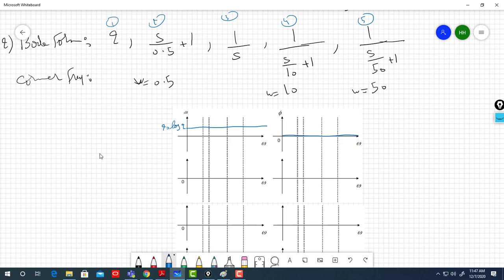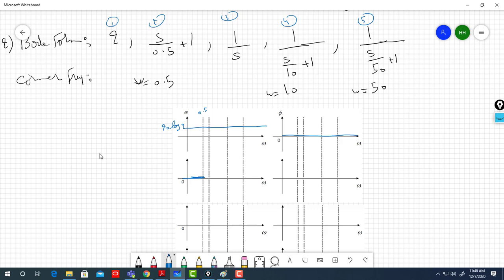Then S over 0.5 plus 1. Let's assume this is the 0.5 frequency. So this is the corner frequency. The first asymptote is 0. At the corner frequency it will go up 20 decibel per decade.